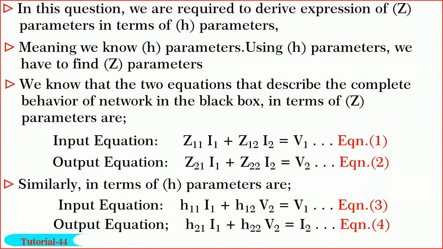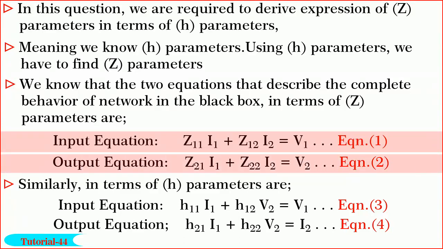We know that the two equations which completely describe the behavior of a two-port network in terms of Z parameters are Z11I1 plus Z12I2 is equal to V1, let it be equation 1, and Z21I1 plus Z22I2 is equal to V2, let it be equation 2.